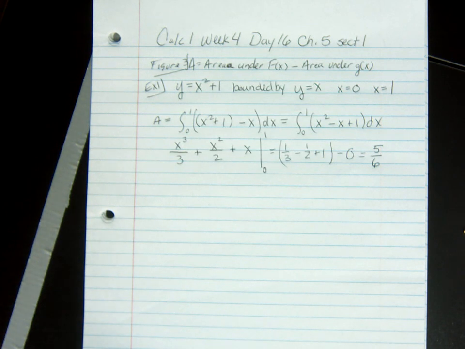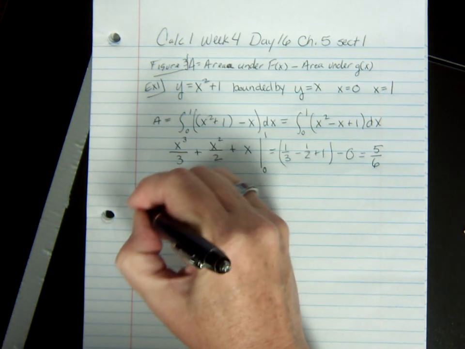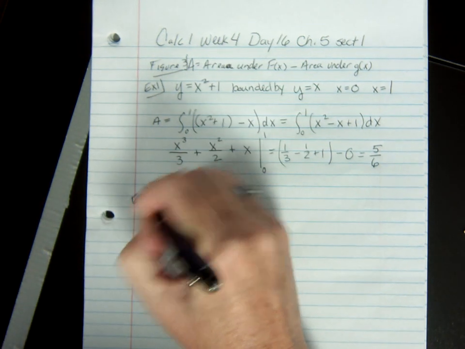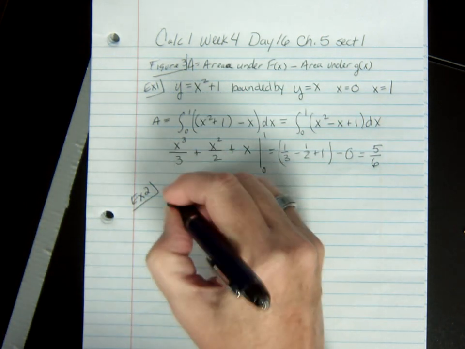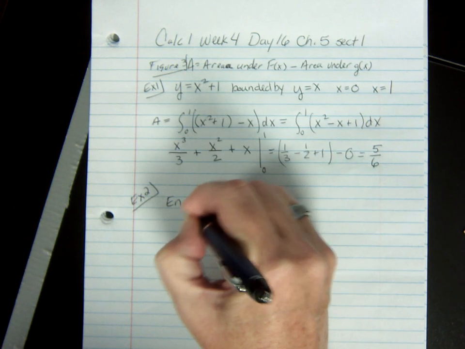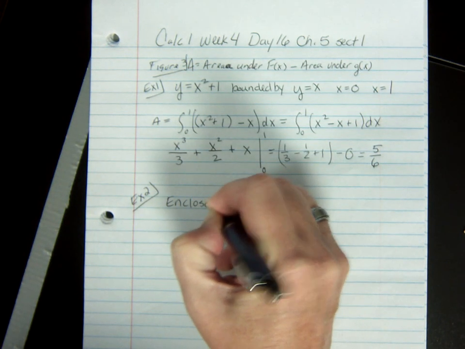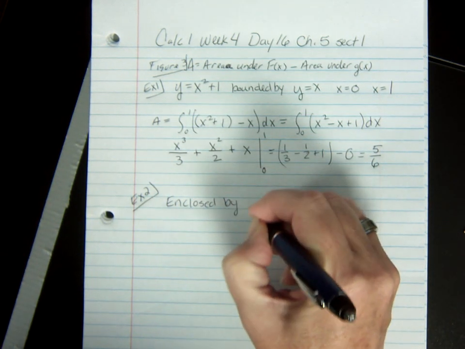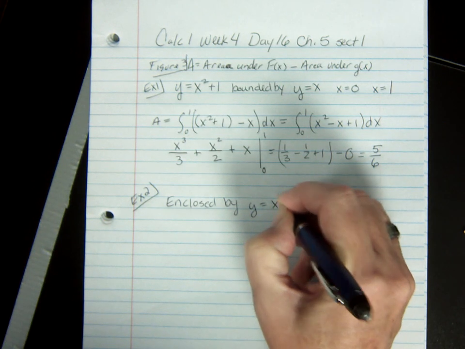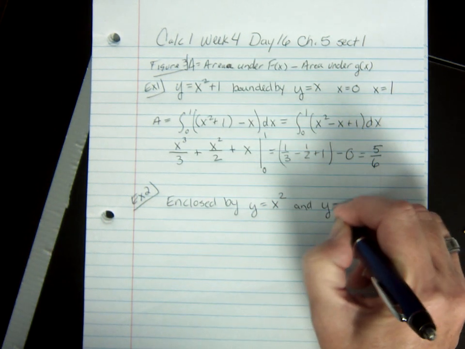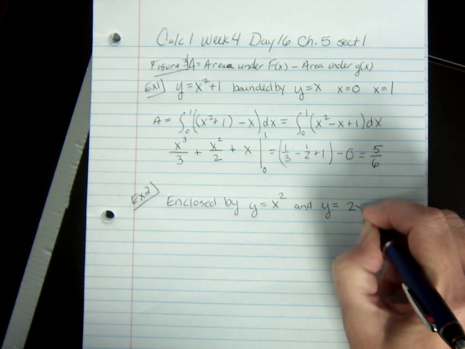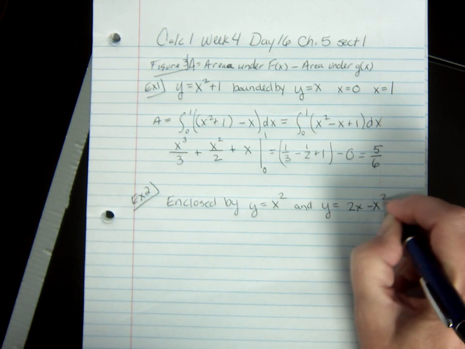All right, let's go to example 2. Are they all simple as that? No, of course not. Okay, so example 2, we have the region enclosed by y equals x squared and y equals 2x minus x squared.